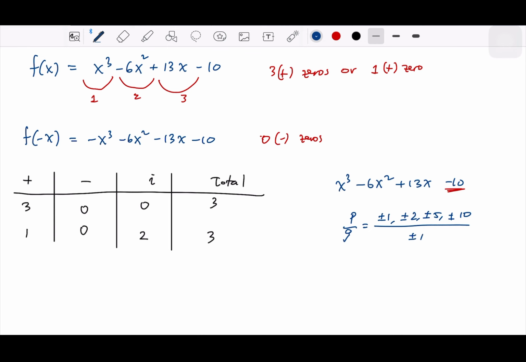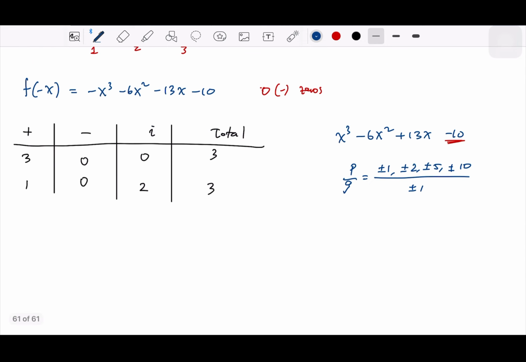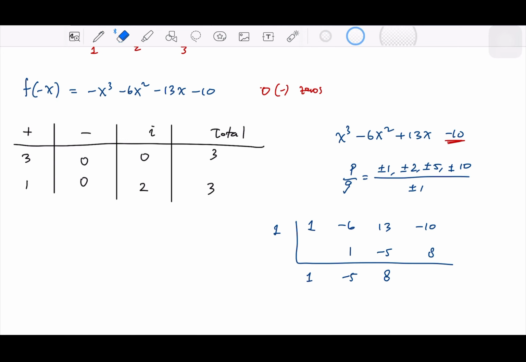So we could start checking with synthetic division. Checking 1, I think it's not completely divided, so not zeros.